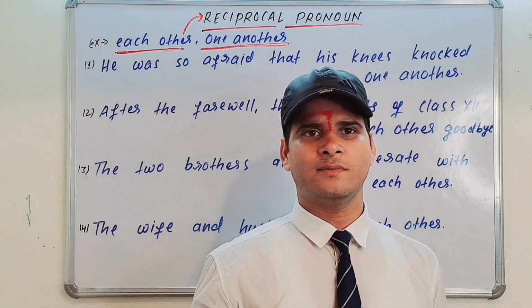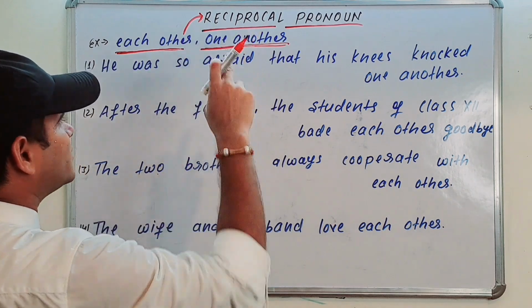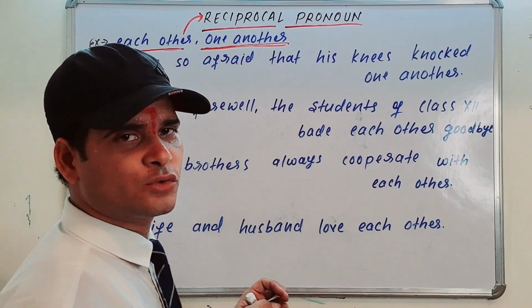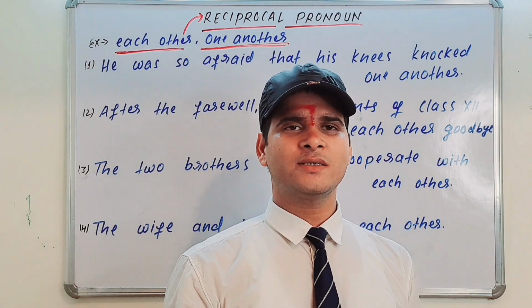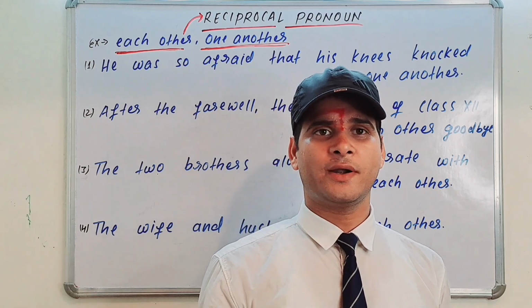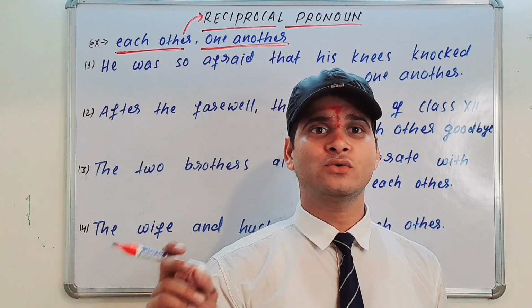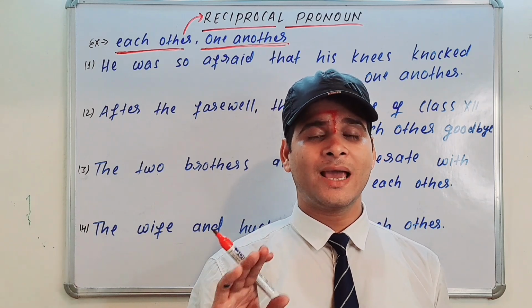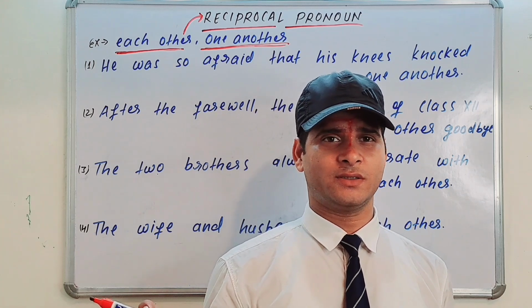I told you many times. A reciprocal pronoun is used to indicate a mutual relationship between two subjects or objects, and it indicates a mutual or reciprocal action in a sentence.